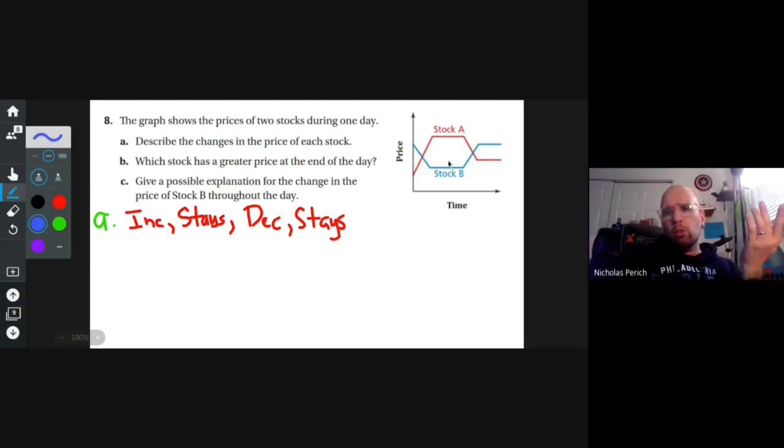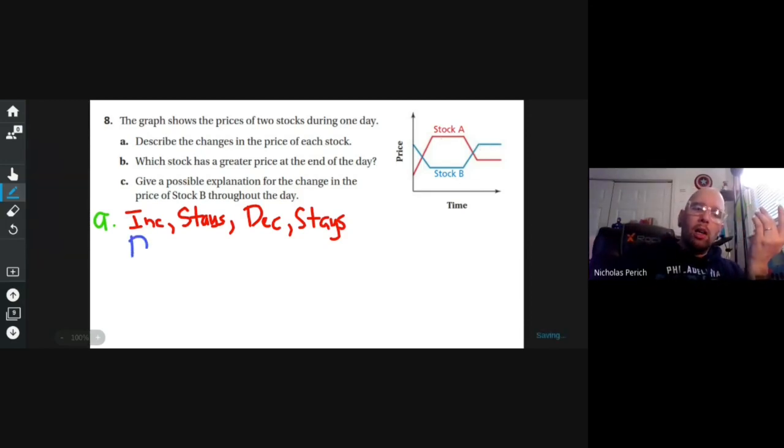It's going to start out higher, but decreases at a constant rate, stays the same as long as this guy did, then increases at a constant rate, and then stays the same. So the stock B, blue, decreases at a constant rate, stays the same, increases at a constant rate, stays the same.